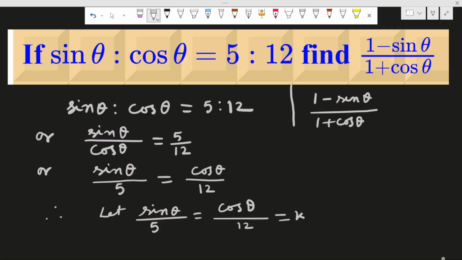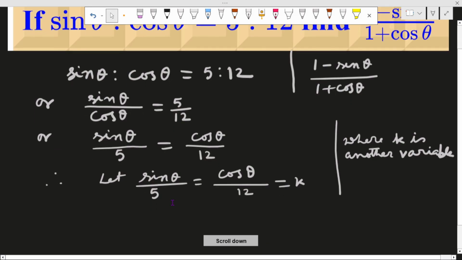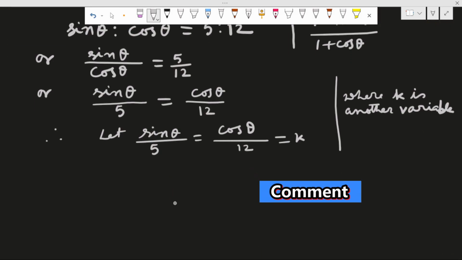k may be called a parameter, or k may be called another variable. Now we don't know the value of k. We have to determine the value of k, but now we can express sin theta and cos theta in terms of k.